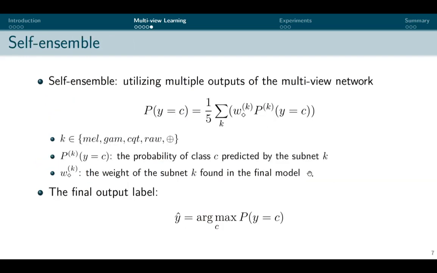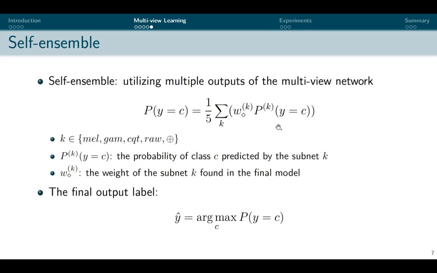In the multi-view learning network that we propose, we can use the concatenation branch output at the end. However, we can leverage multiple outputs of the network to form a self-ensemble decision as well. Let's denote P_k as the probability output of subnet k.